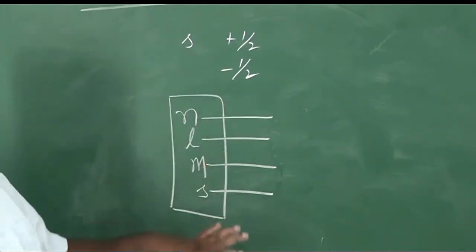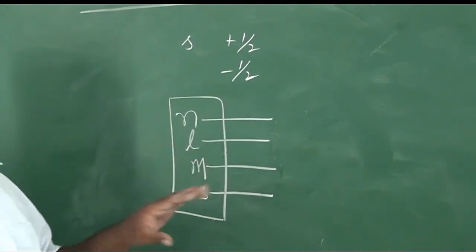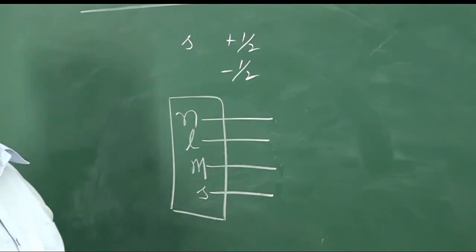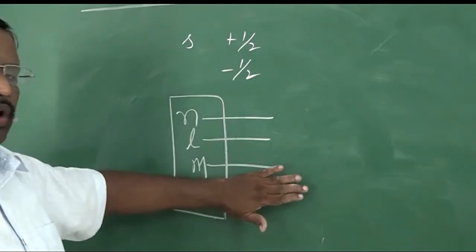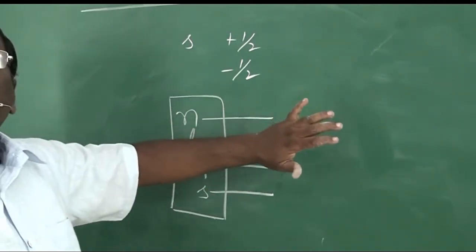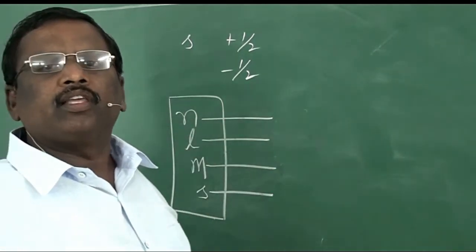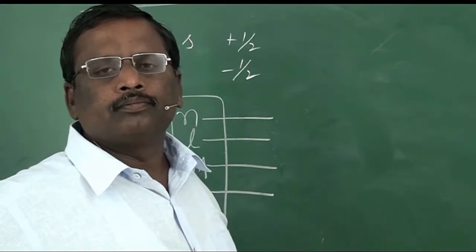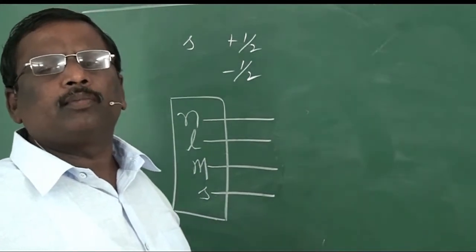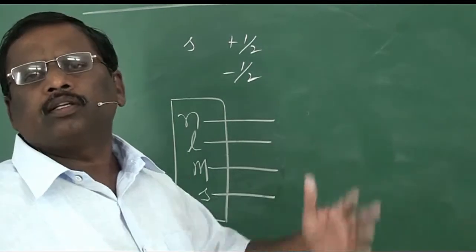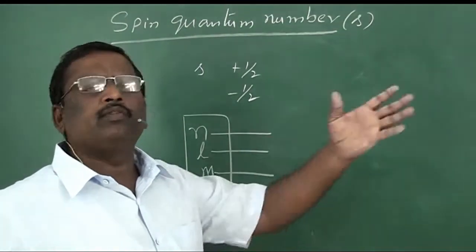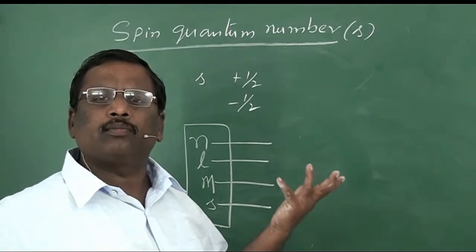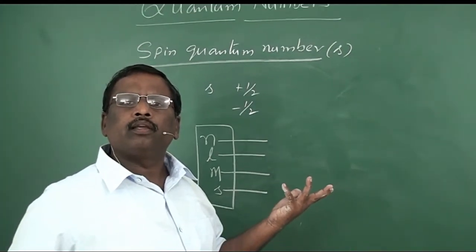These four quantum numbers are required to explain a particular electron. Suppose you give all these four quantum numbers, then only you can identify that particular electron. For example, if I just say so and so person, where he lives, nobody can say. If you simply say in Vijayawada, it's not fine because it's a larger city.